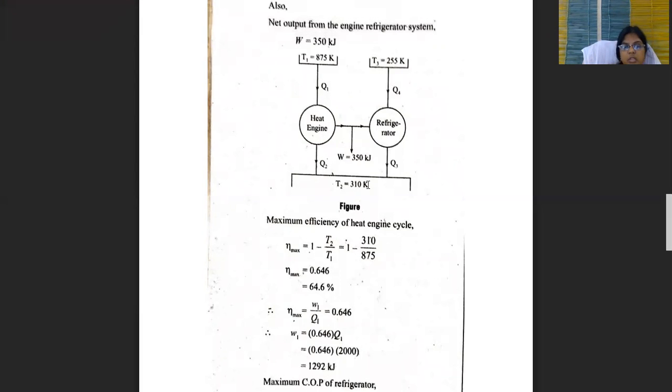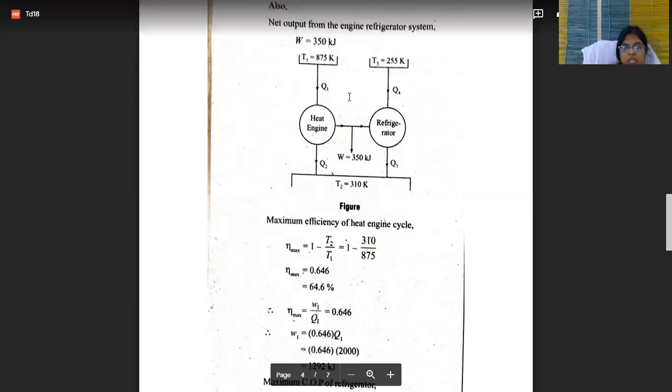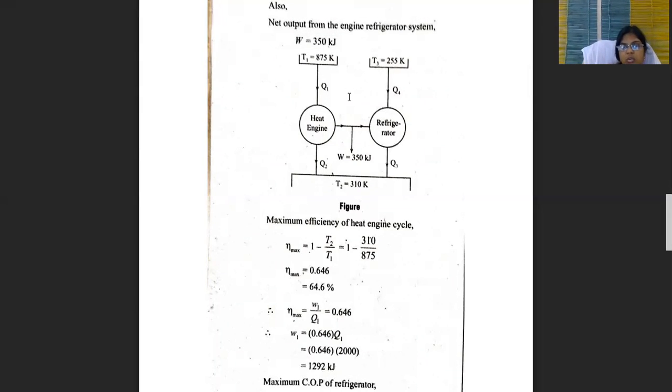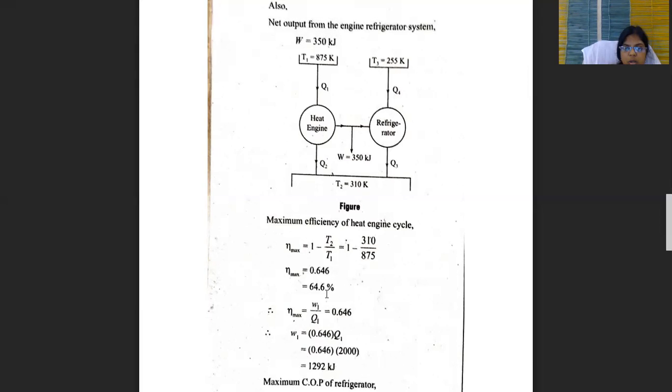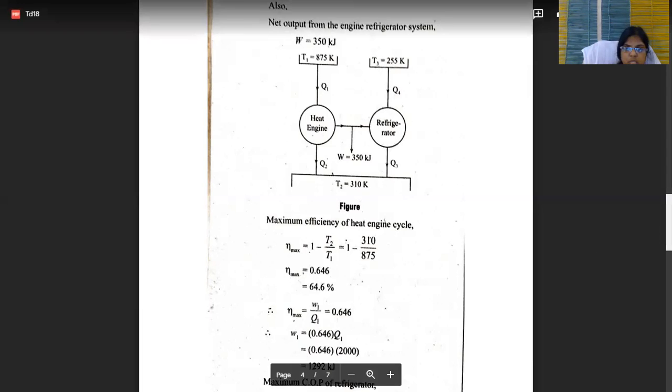The higher temperature is 875. In case the temperature is given in degree centigrade, you have to convert it, because we must maintain the same units. So 1 minus lower temperature 310 over higher temperature 875, so our efficiency is 0.646. We multiply with 100, and we get 64.6 percent.